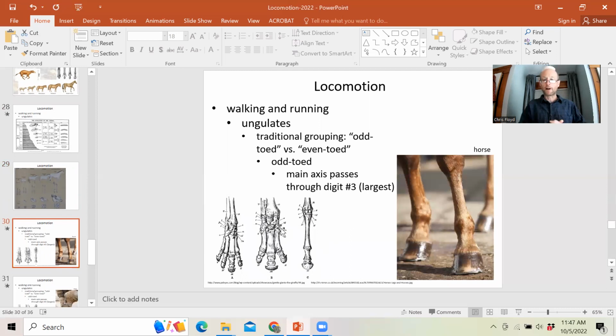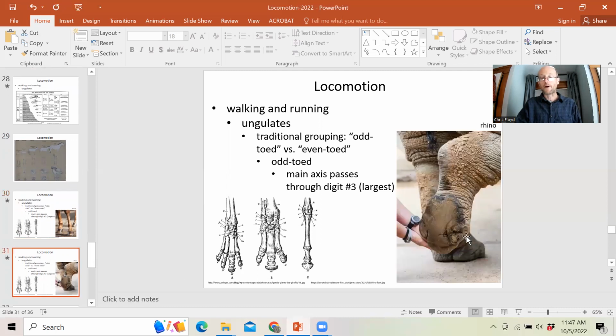So this thing about the ungulates, the traditional groupings were called the odd-toed versus even-toed. And they do break down taxonomically pretty well for that. The odd-toed had the main axis pass through digit number 3. So that includes those that only have a digit number 3, the horses, the Perissodactyla, and it includes things such as rhinos, where the axis only goes through the third digit, but they have on either side number 2 and 4.